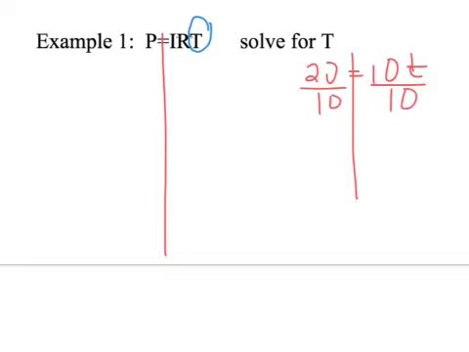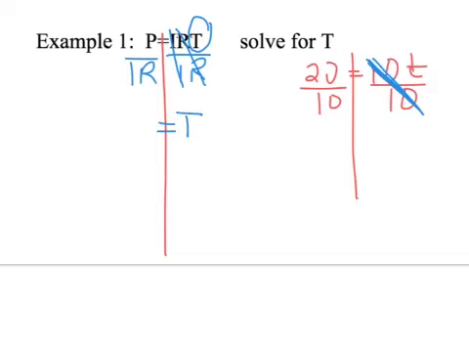So when you go over here, just like you divided by the 10 here and the 10's crossed out, you're going to divide by I and R. Okay? To both sides. I over I is going to cross out just like the 10's did. R over R is going to cross out just like the 10's, leaving you with T equals.